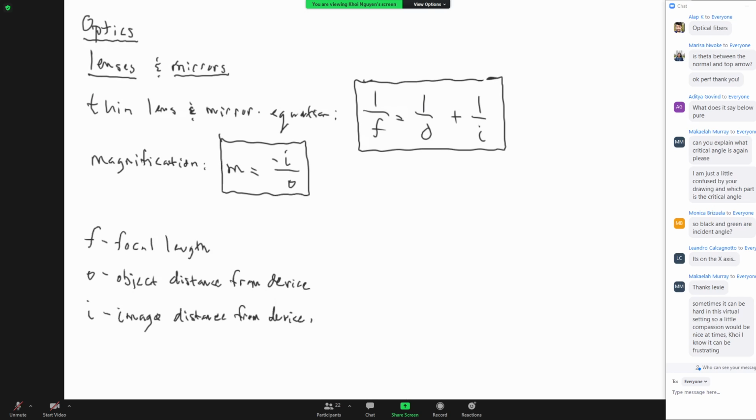And M is your magnification. Each of these are positive. Focal length is positive whenever you have a converging device.